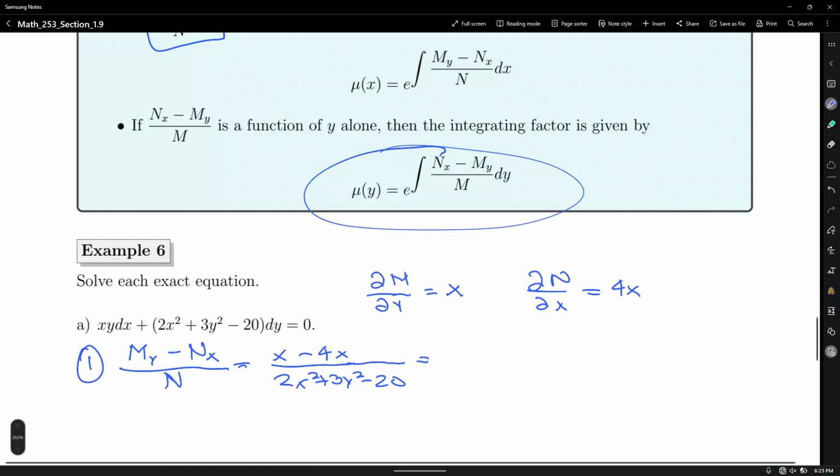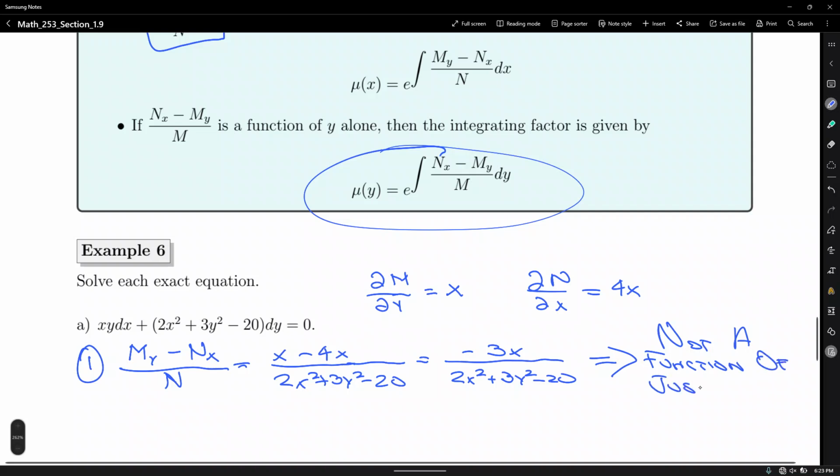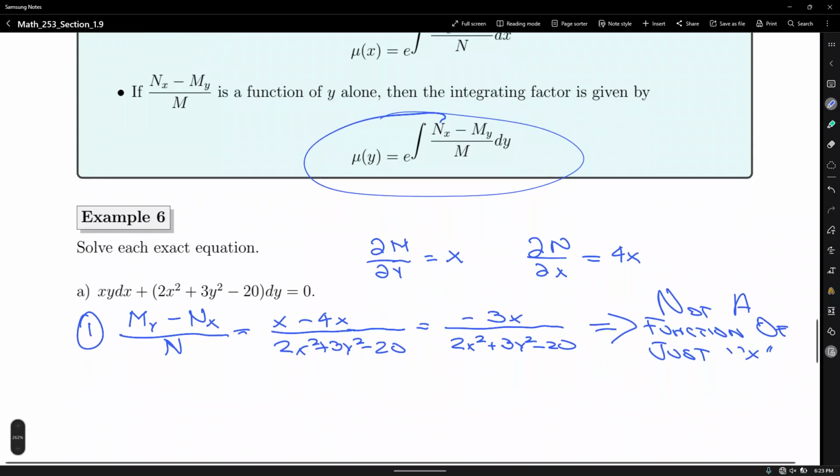This is negative 3x over 2x squared plus 3y squared minus 20. This is not a function of just x, unfortunately. Well, we have a second alternative.